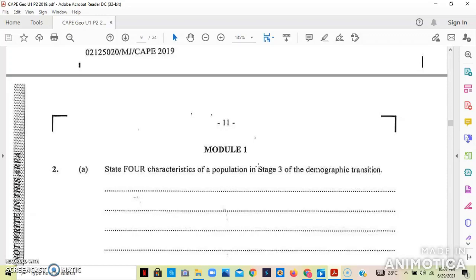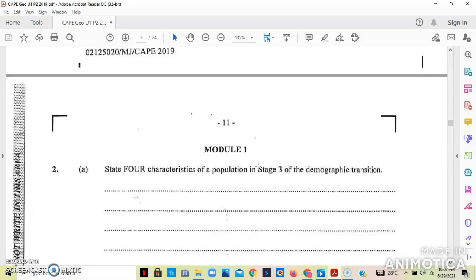Now remember that in Stage 3 of the demographic transition model, the birth rate has gradually decreased. So the birth rate is going down, and this is usually due to an improvement in the economic condition of the country. The birth rate has also started to decrease because of women's status. Women's status is now being recognized, hence you have more women going out to work instead of having children.